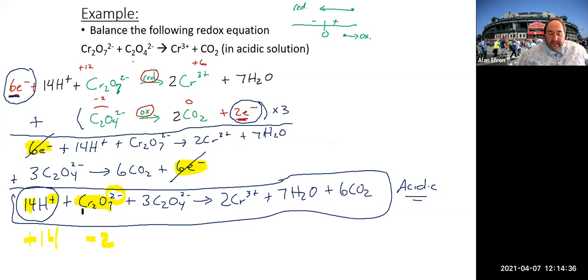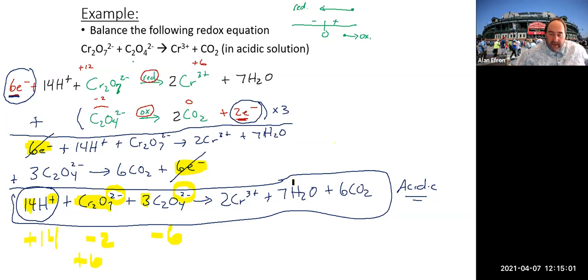That -2 takes into account everybody's oxidation state, so no need to redo the work there. The oxalate has a -2 charge, but there are 3 of them, which gives you -6 overall. If you add that together, that's -8, and +14 gives you +6 overall charge on the left-hand side.